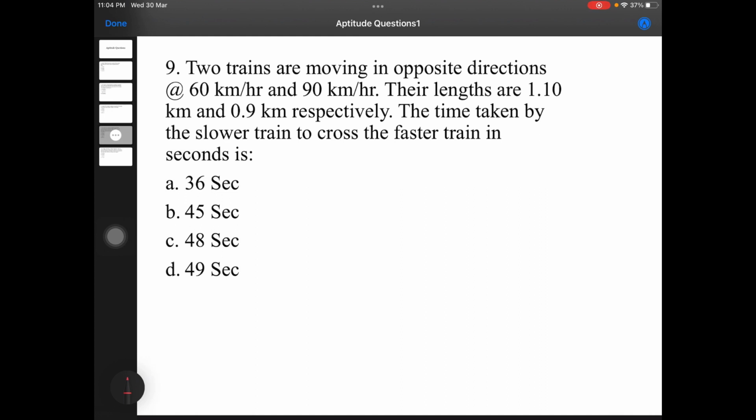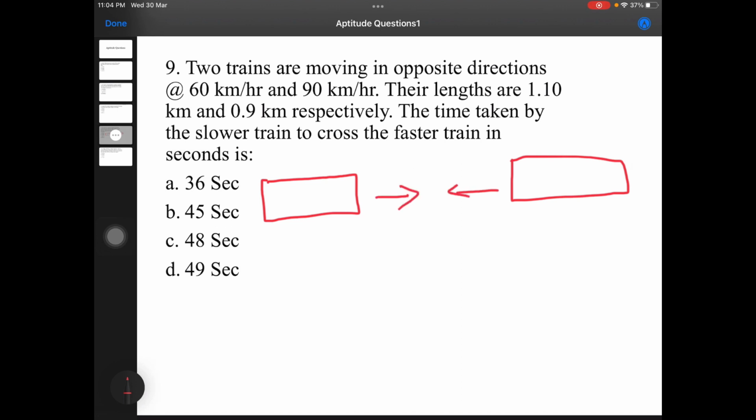So here also we have to remember the formula. Suppose this is a train and this is another train, and these trains are moving in the opposite direction.